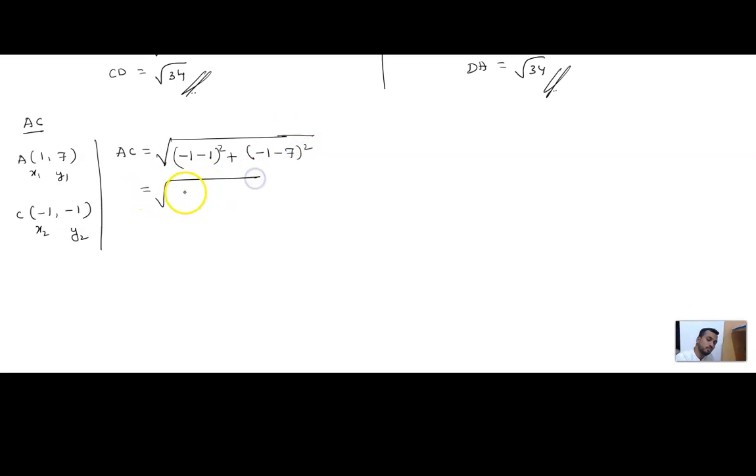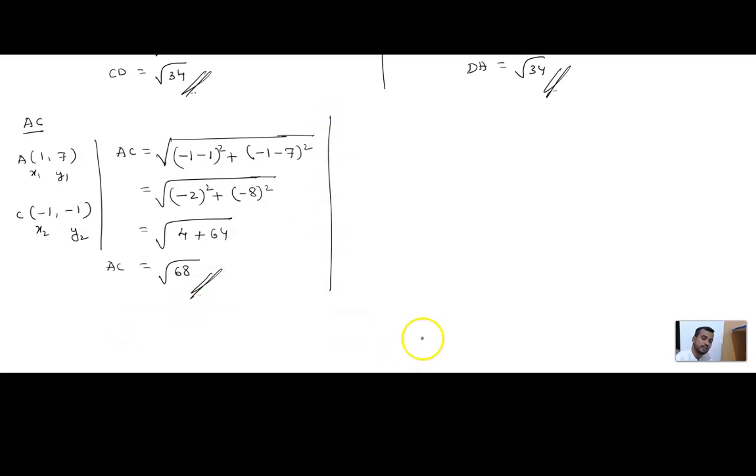So root of minus 1 minus 1, both are minus, so we should add, minus remains the same, that is minus 2 whole square, plus minus 1 minus 7, that is minus 8 whole square. Then root of minus 2 whole square, that is plus 4, plus minus 8 whole square, that is 64. So root of 64 plus 4, that is 68. So AC is equal to root 68 units.